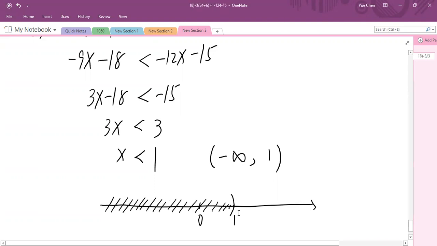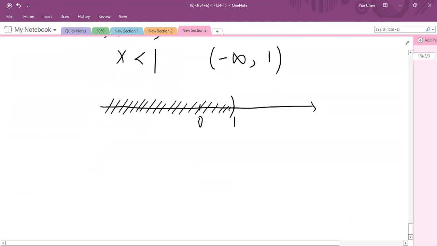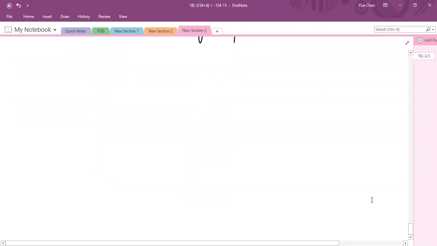Number 19, which is the simple interest problem. It tells you that the total loan is $650. So P, the principal value, is 650.